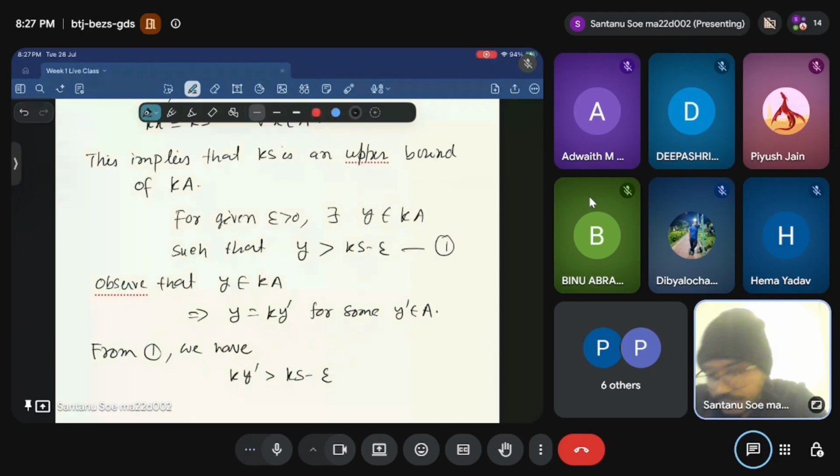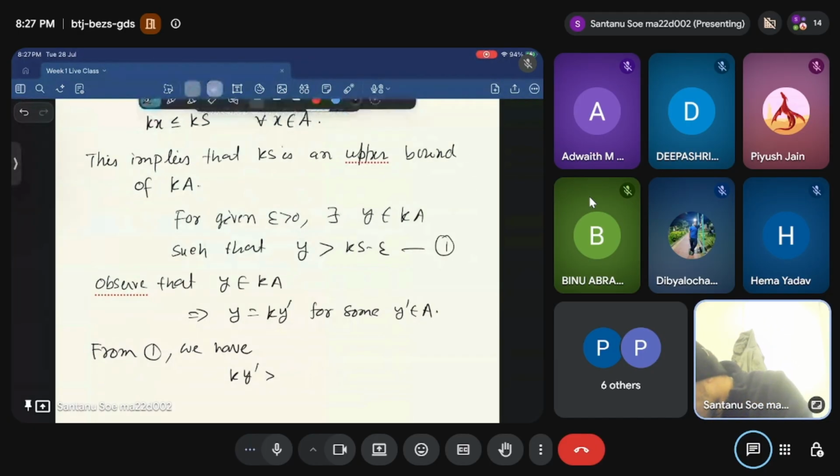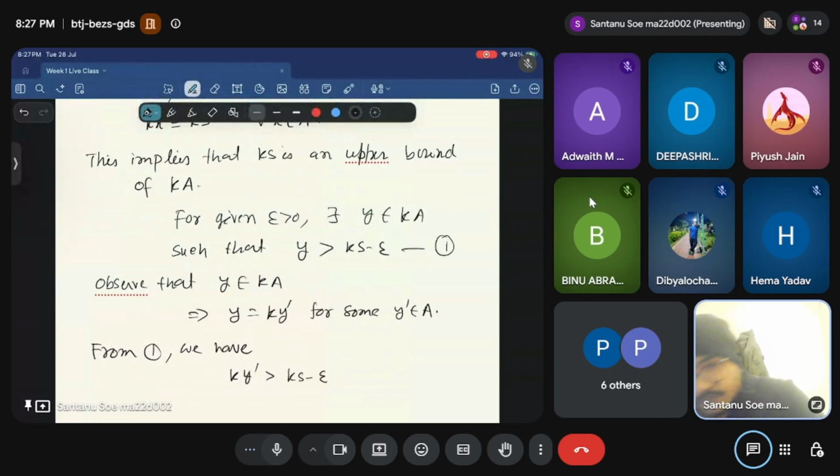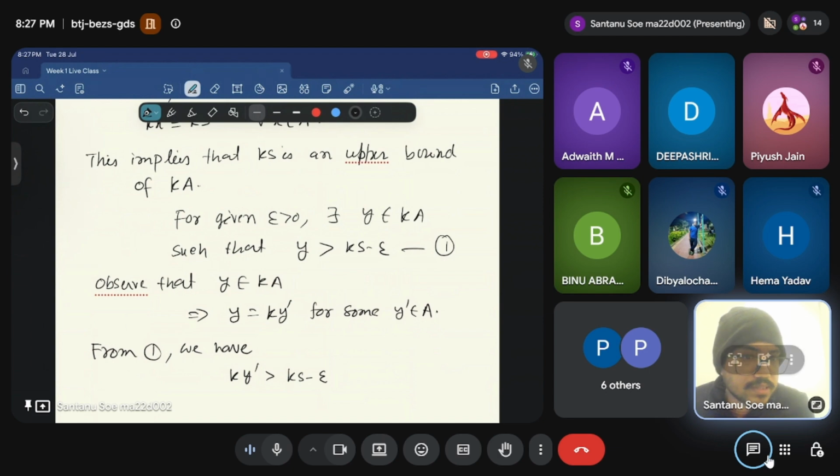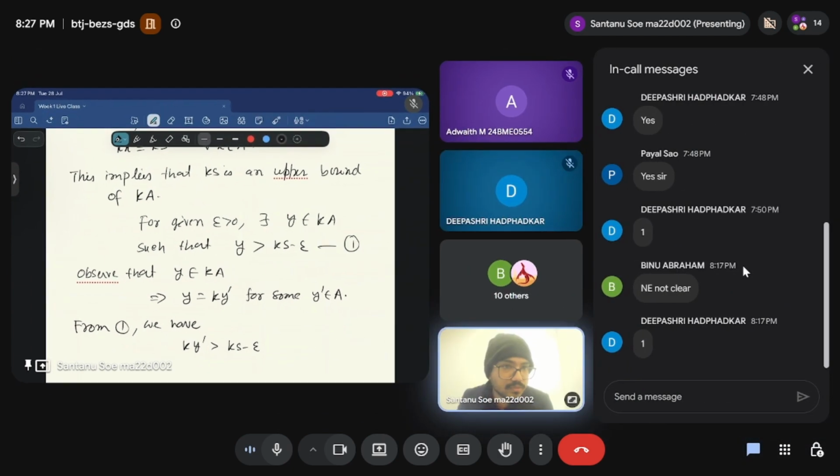Is it clear up to this step? Everyone? Is it clear up to this step? Yes, okay, a lot is going on. I hope others are also getting it, except these two or three people.